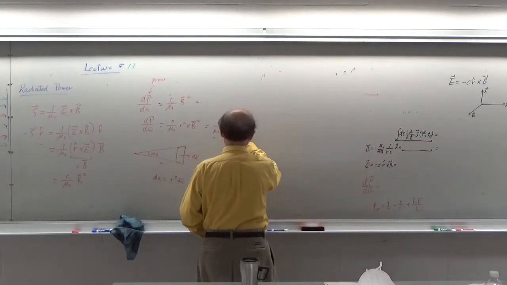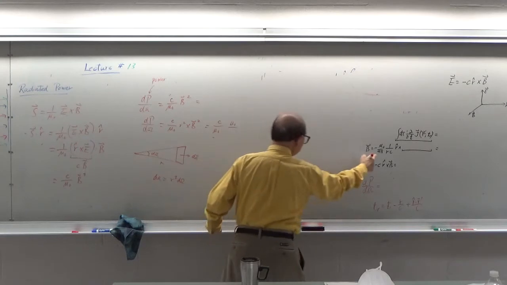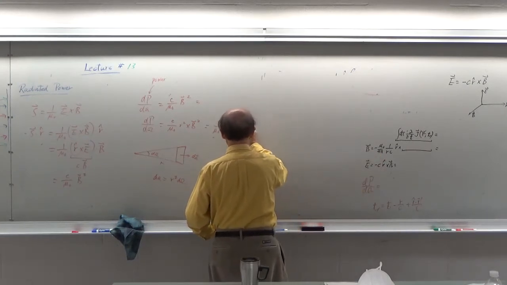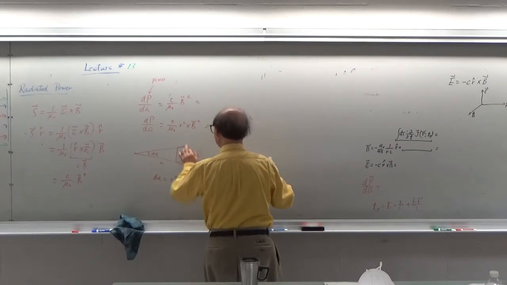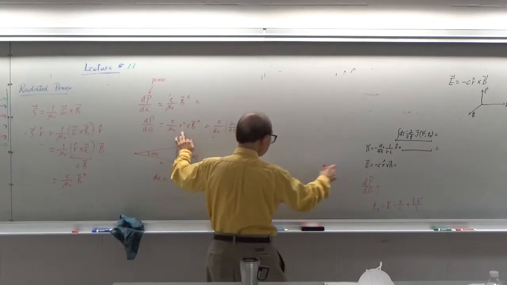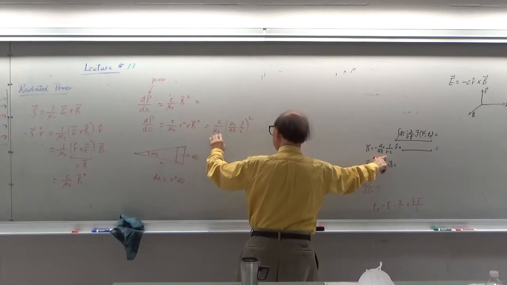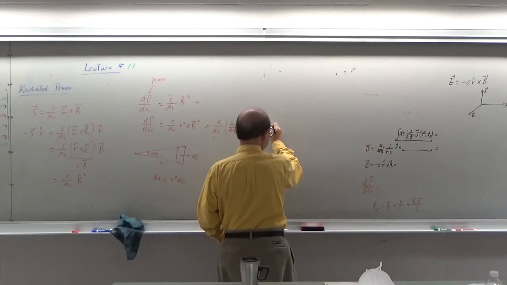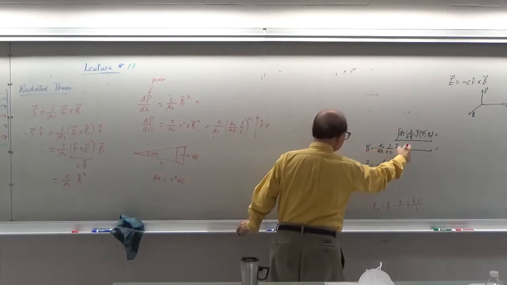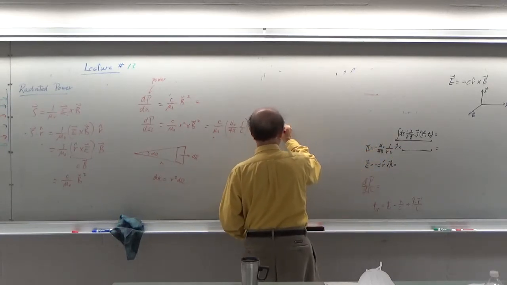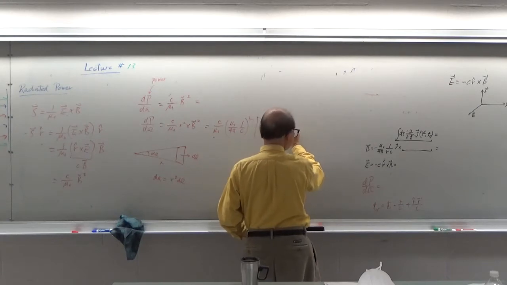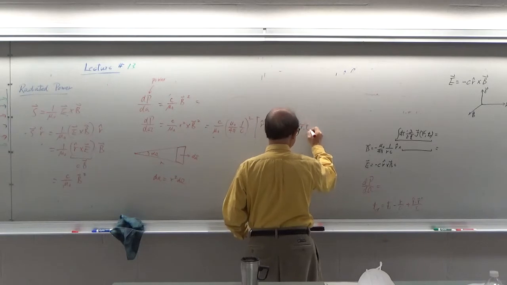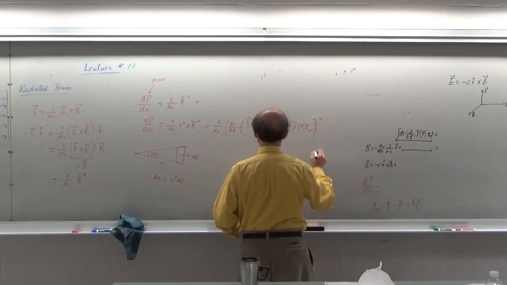I have mu naught over 4 pi, 1 over c squared. Right? I was going to cancel mu naught over c squared. Then times the square of r hat cross this volume integral, which is the main character in this discussion, of J at r prime at the retarded time, squared.